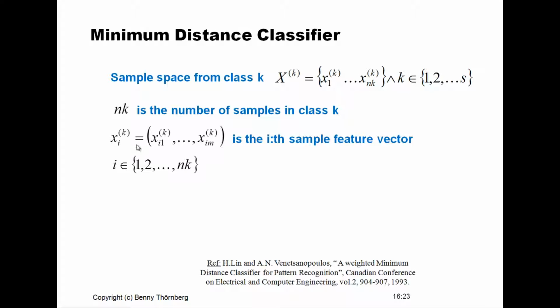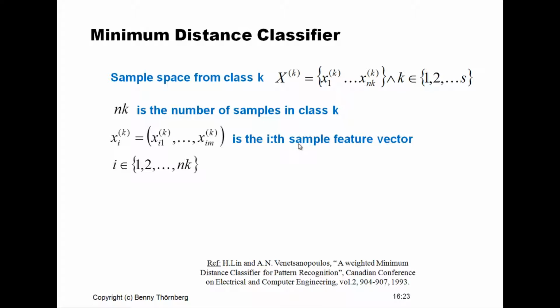X_ik is then the ith sample feature vector, belonging to class k, where i ranges from 1 to N_k, and N_k is the number of samples associated with class k.